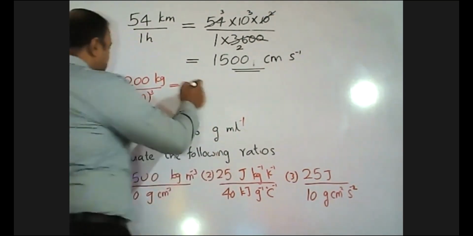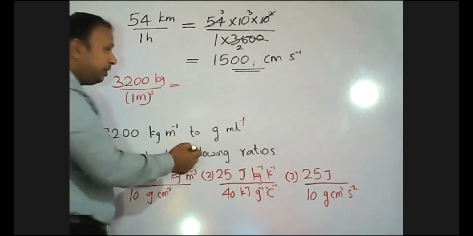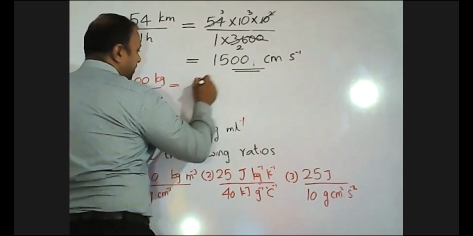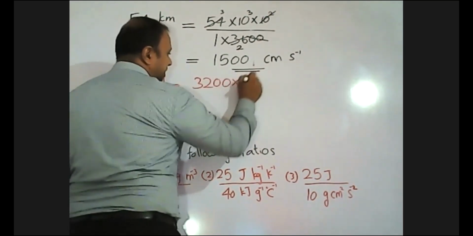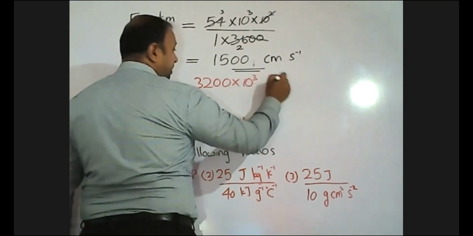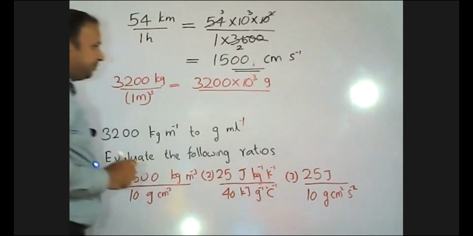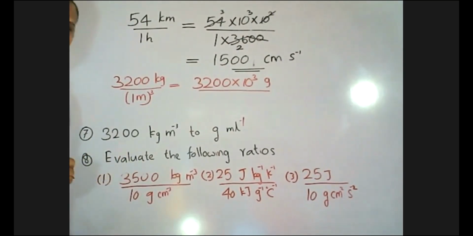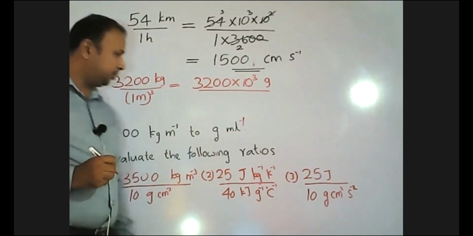I know that one, because kilogram into gram is large scale into small scale. So I have to multiply this value by the ratio between two scales. The ratio between the two scales is 1,000. So I have to multiply this by 1,000.